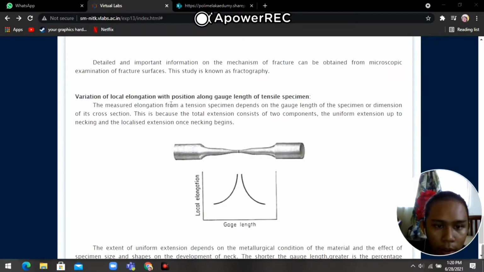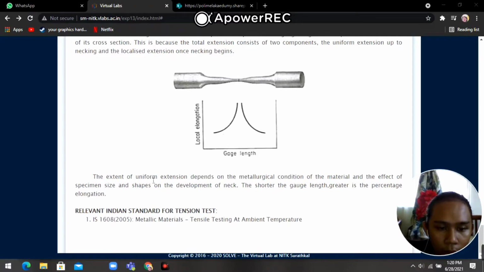Variation of local elongation with position along the gauge length of a tensile specimen. The measured elongation from the tensile specimen depends on the gauge length of the specimen or the determination of the cross-section. This is because the total extension consists of two components: the uniform extension up to necking and the localized extension once necking begins.